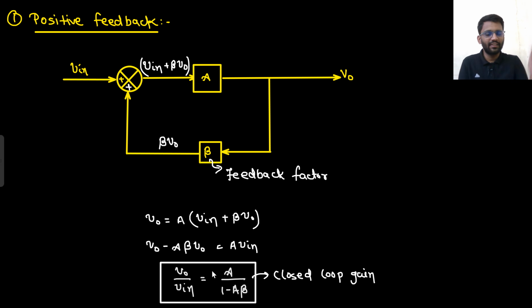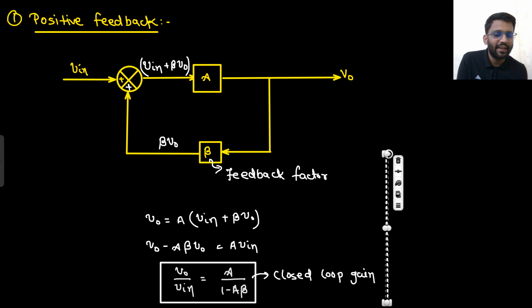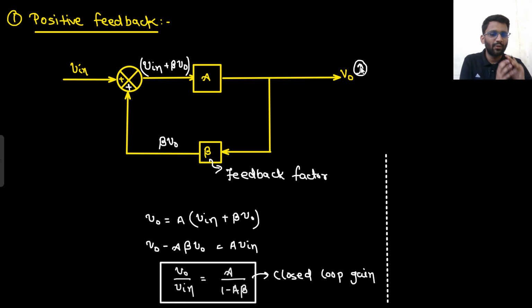Now we will see a very interesting thing in positive feedback. Let's just assume that by some factor, by any factor, your output increases a bit. It can be temperature, it can be pressure, it can be anything. The output of your system is increasing just by a small margin. Then what will happen in positive feedback? If this increases, then this value will certainly increase. If this value increases, then this value will certainly increase.